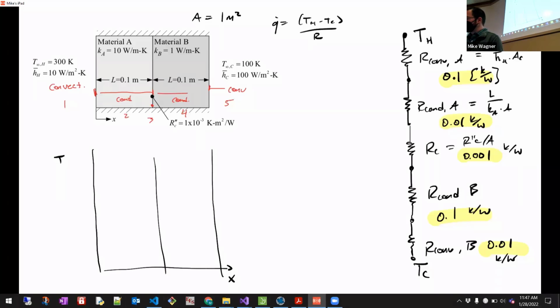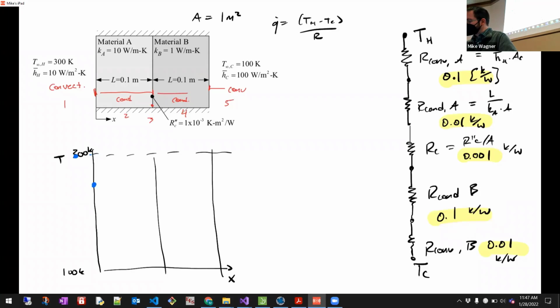So if I draw my temperature profile as a function of position, up here we've got 300 Kelvin, down here is 100 Kelvin. Most of the temperature drop has to be convection A and conduction B. So I'm going to start up here, and I'm going to have a big temperature drop here. There's a relatively big temperature drop.